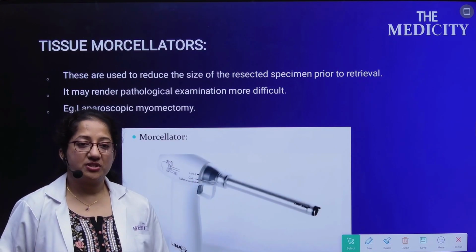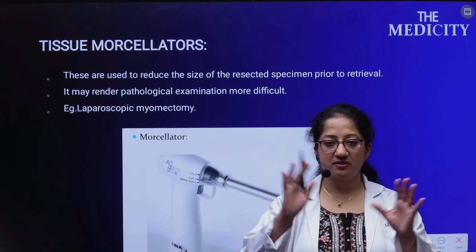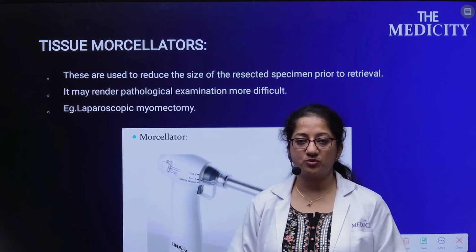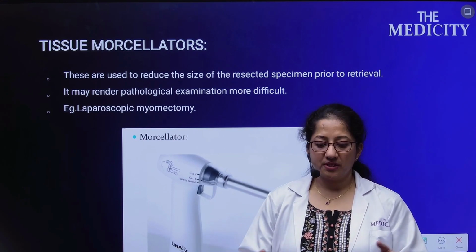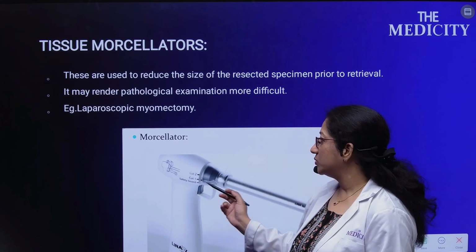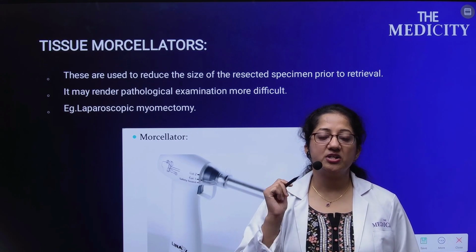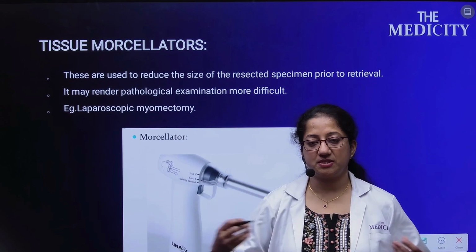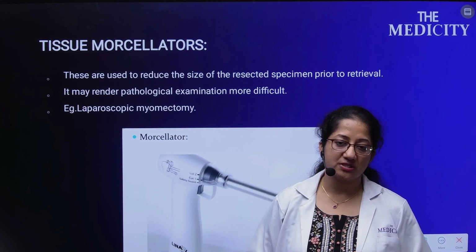Coming to tissue morcellators, especially when we are doing fibroid surgeries, we have big fibroids which we have removed through myomectomy. Now, suppose the fibroid is this big. It cannot come out through this small incision. So what do we do? We use a morcellator. A morcellator is an instrument which cuts the fibroid into long, thin strips, which can come out from the 1 centimeter cut which we have made on the skin.